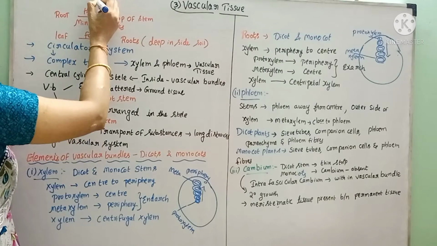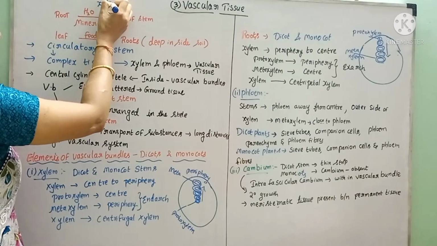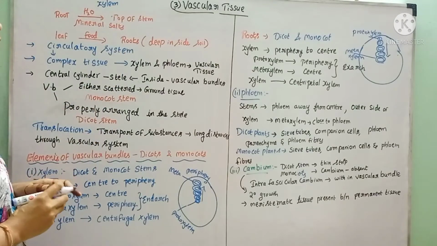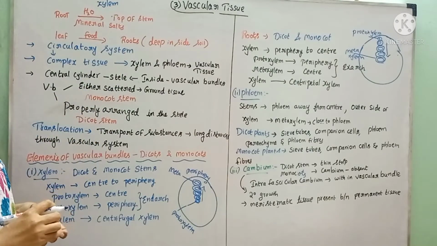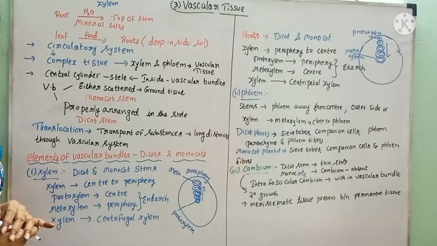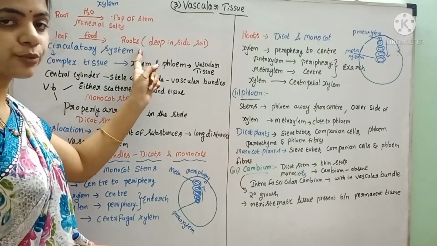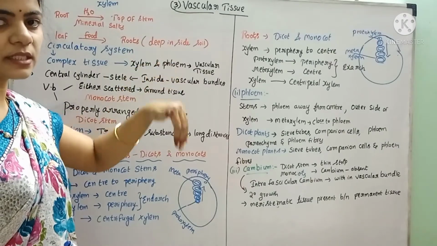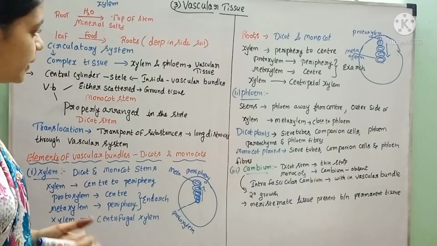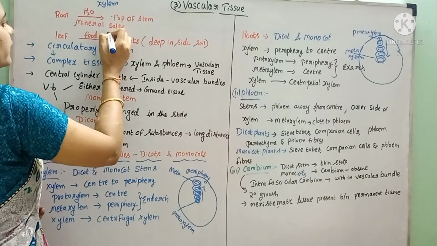Whereas from the leaves, the synthesized food material will reach the deep roots present in the soil by means of the phloem only.